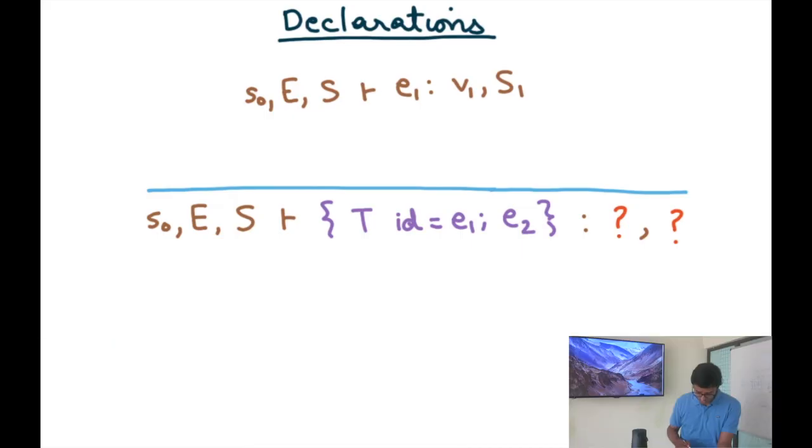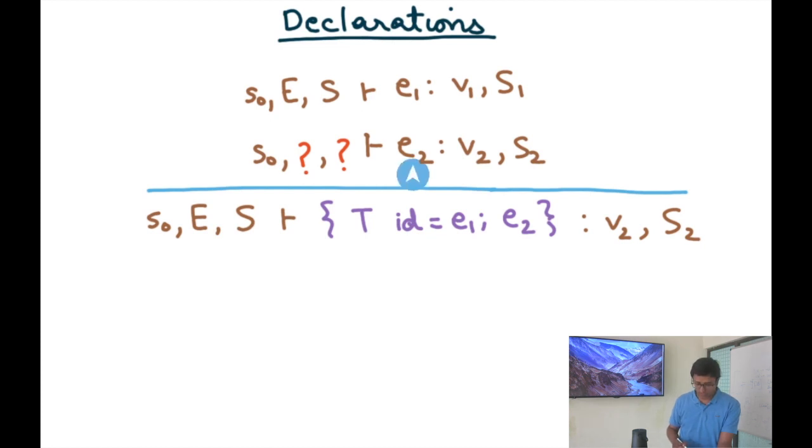So first of all, we are going to evaluate E1 under the same context as before, E and S. During the evaluation of E1, we have not changed either the environment or the store. Let's say E1 evaluates to V1, S1. Then what do we need to do? We need to update the environment before we start computing E2.